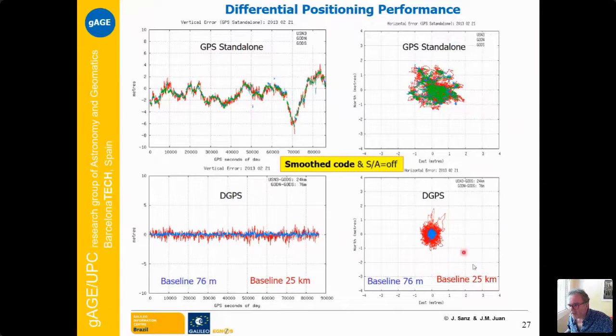As you can see, for the large baseline we have a strong mitigation, of course. Here we have errors of more than 1 meter, and here it is under 1 meter. There is a strong mitigation, but we have a larger error for the larger baseline than for the shorter baseline. Then the mitigation, as we commented before, depends on the baseline, because the errors are more similar when the baselines are shorter. Okay, this is the idea.